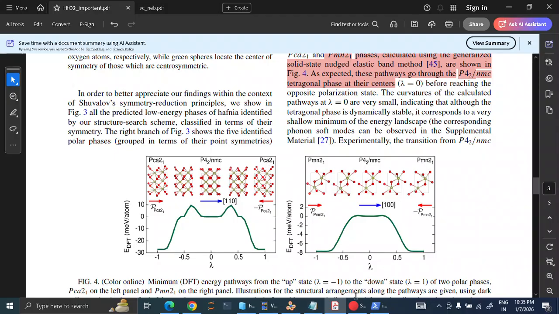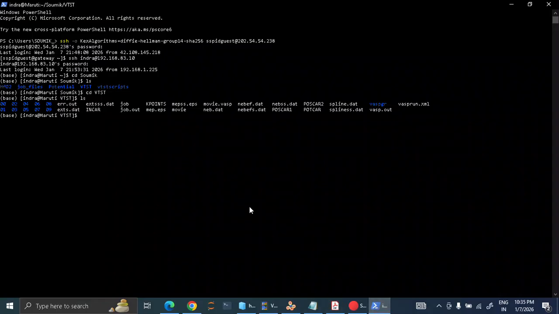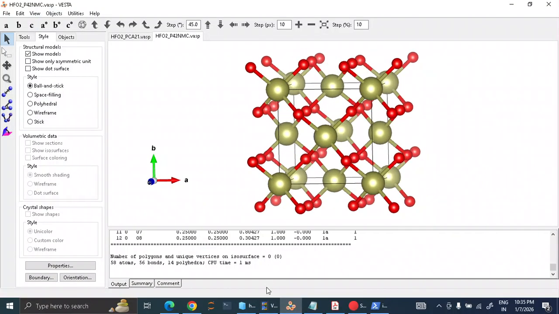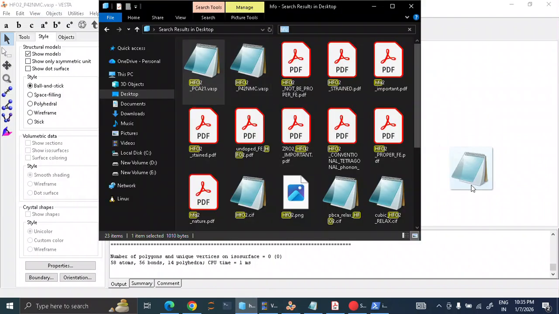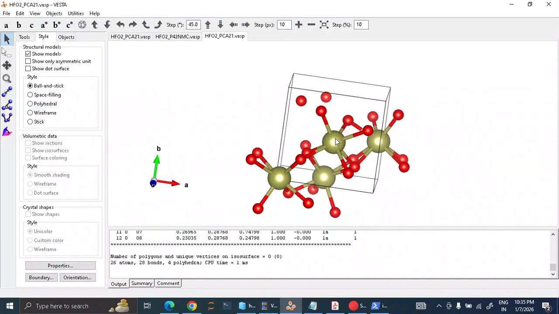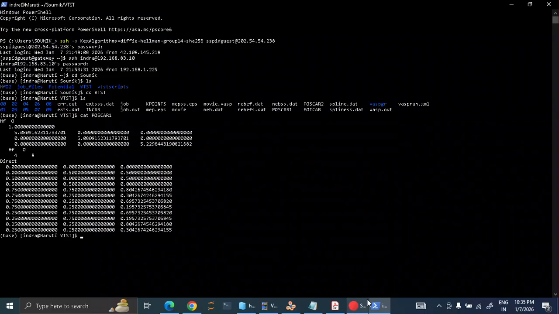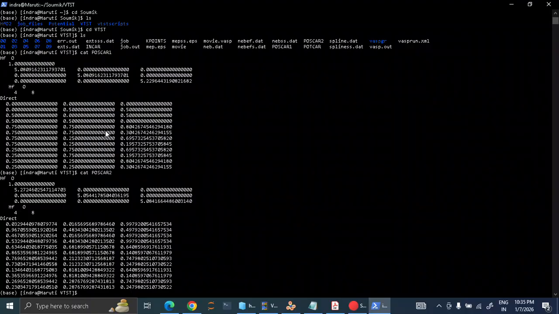This is my hafnium P42/nmc centrosymmetric structure, and this is the ferroelectric structure. This is the final structure. You can follow that.